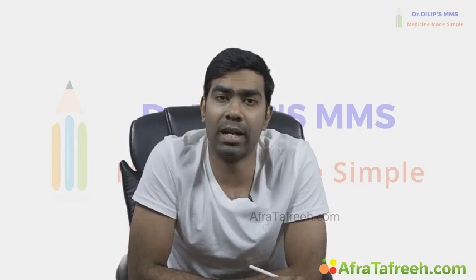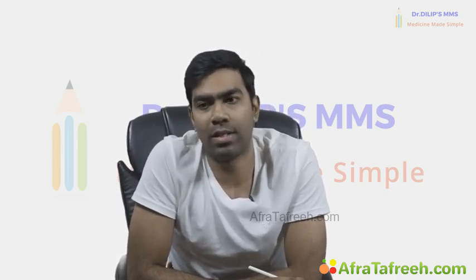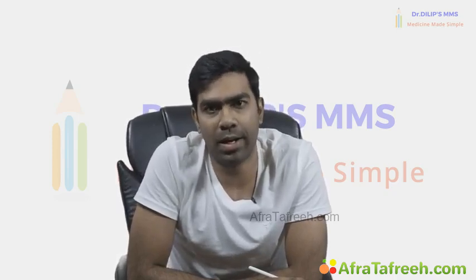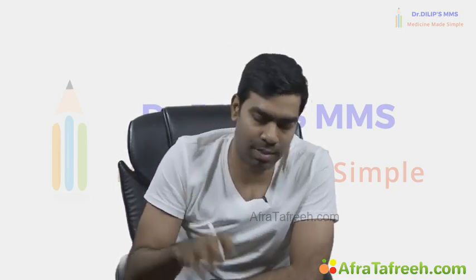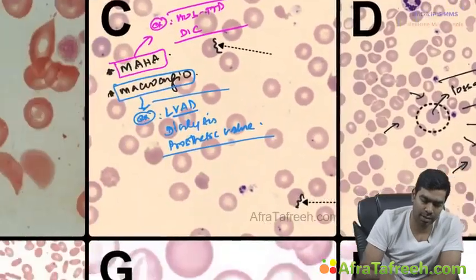Megaloblastic macrocytosis is typically seen in B12 and folate deficiency, and drugs can cause that. There are a lot of conditions that produce impaired erythropoiesis, impaired DNA maturation. In non-megaloblastic, DNA maturation will not be impaired, and the most common classic example where you see non-megaloblastic macrocytosis is alcohol intake, chronic alcoholism. Simple. So we'll discuss that in detail.